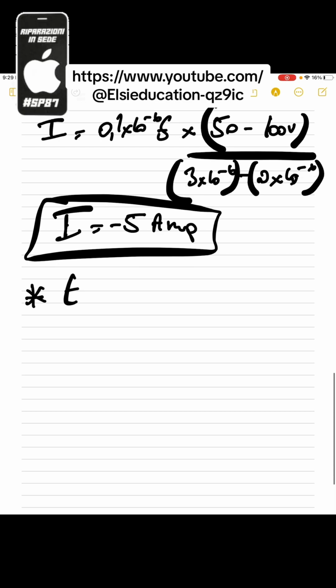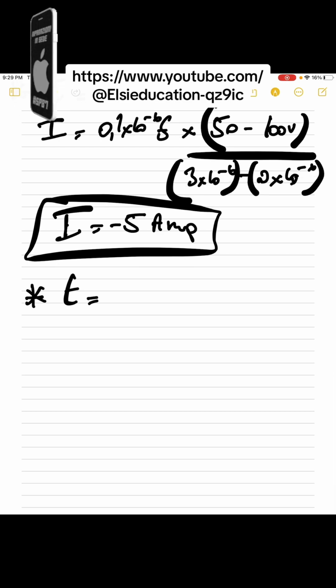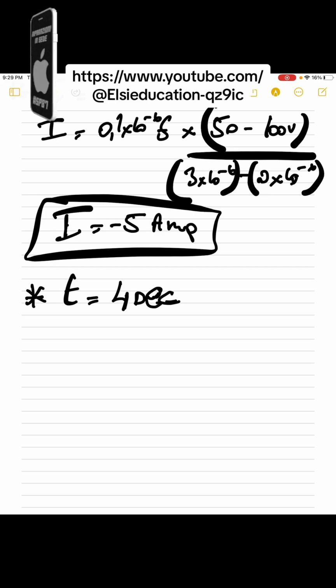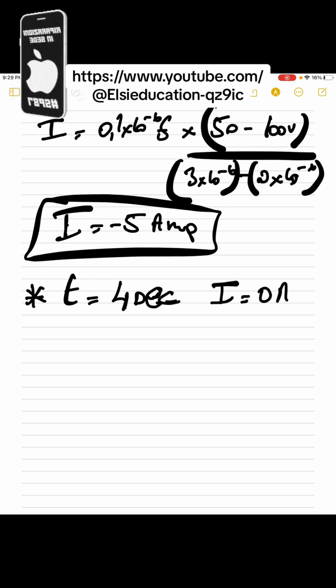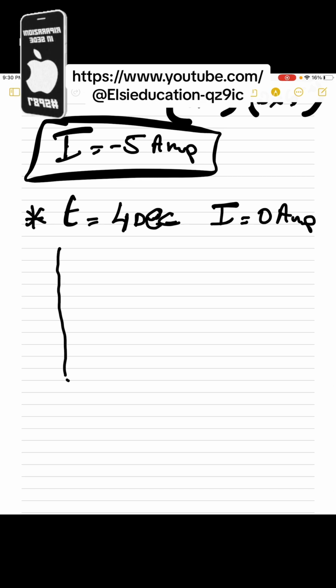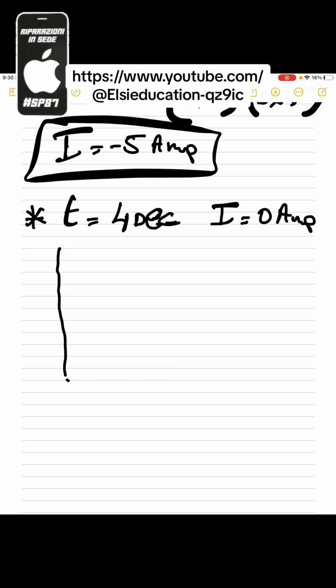At a time equal to 4 seconds, current will be equal to 0 amp. So now we can use this information to build a graph.